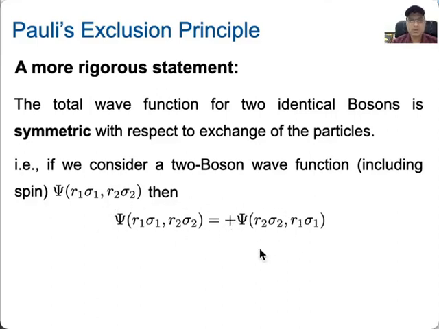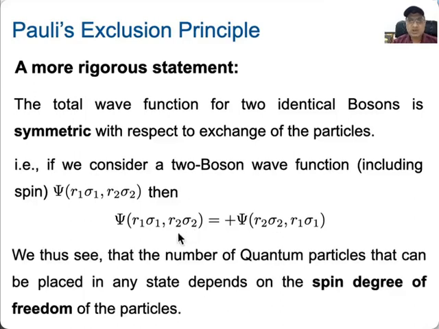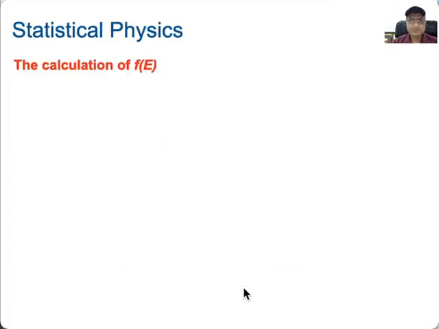So this shows that the total wave function is symmetric in nature, and this is true not only for two bosons but in general for n bosons. So what we have seen is that the number of quantum particles that can be placed in any state depends on the spin degrees of freedom of the particle.